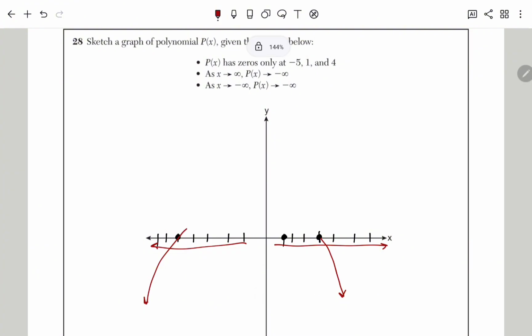So we're going to very carefully match it so that this is what our graph is going to look like roughly. And so this would be the graph of your polynomial p of x. It has zeros at -5, 1, and 4. As x approaches positive infinity, p of x approaches negative infinity, and as x approaches negative infinity, p of x approaches negative infinity.